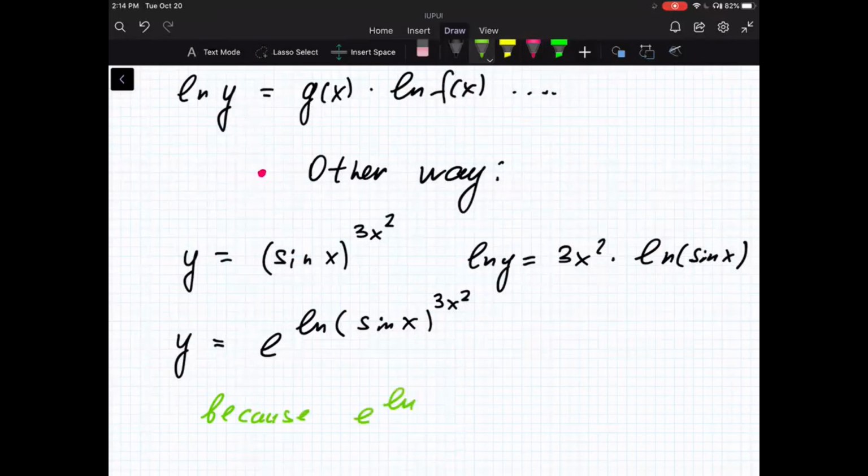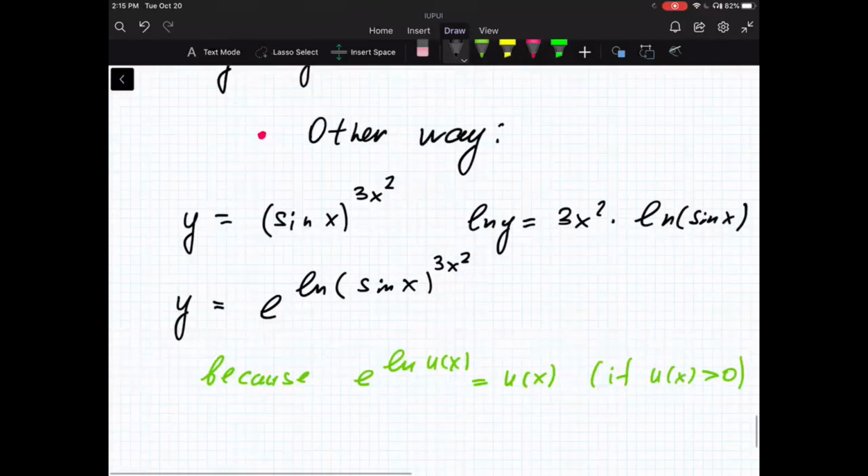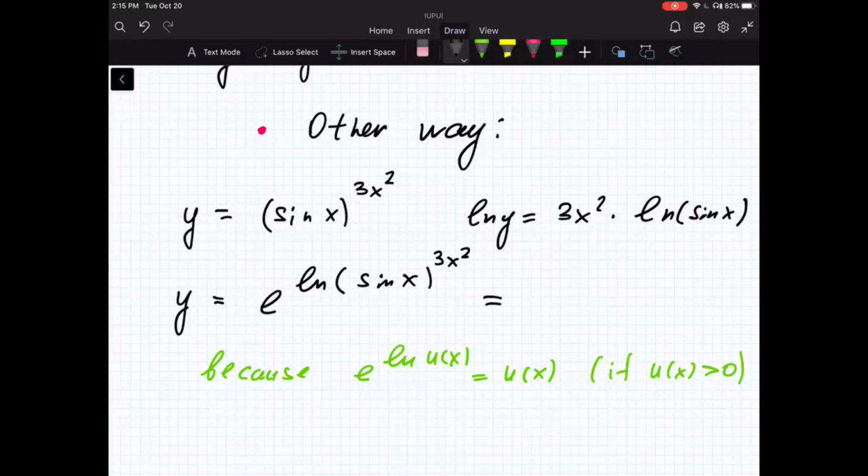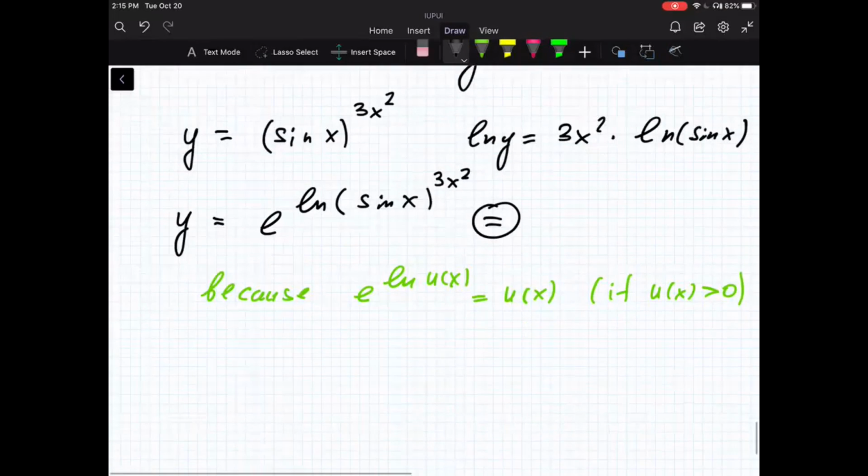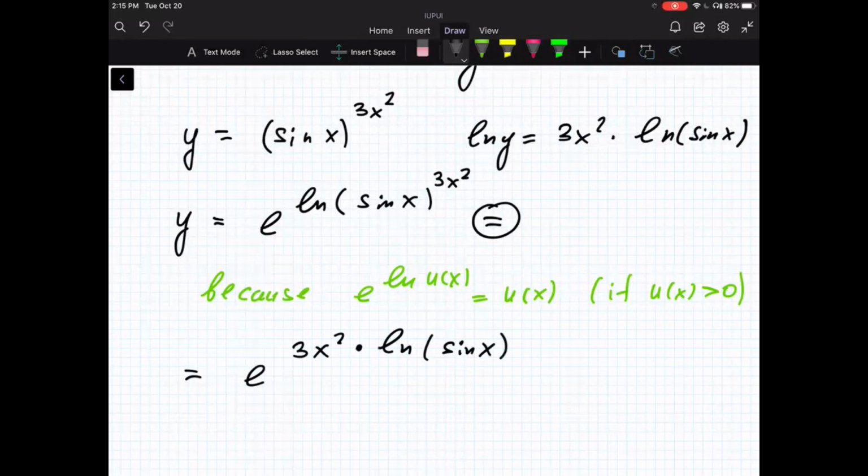because exponential of logarithm of any function is just the function itself. Of course, if it is positive. But then what you will get? You will get that this is equal to exponential, and again you use the property of the log. That power you can put in front of the logarithm. Logarithm of sine of x. And again, you see that in some sense it factorized.